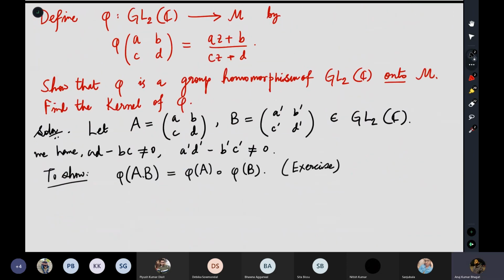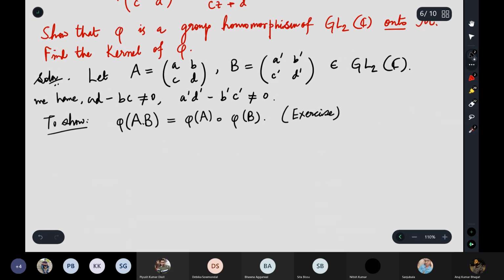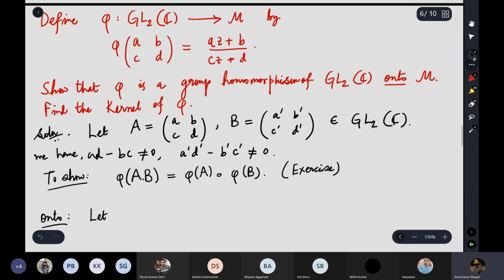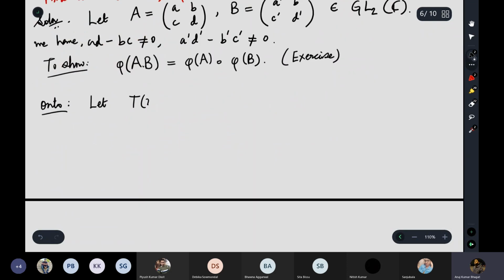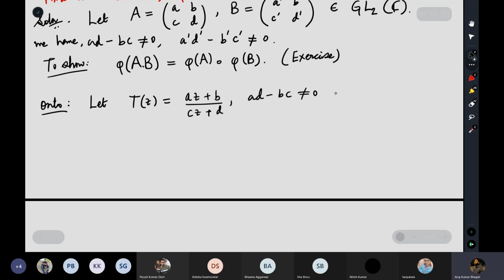So how to prove that it is onto? For the onto part, just use the definition. Let you pick up any Mobius transformation T from M. So let Tz equal to az plus b by cz plus d, and ad minus bc is non-zero, belongs to M. This condition has been given to us.